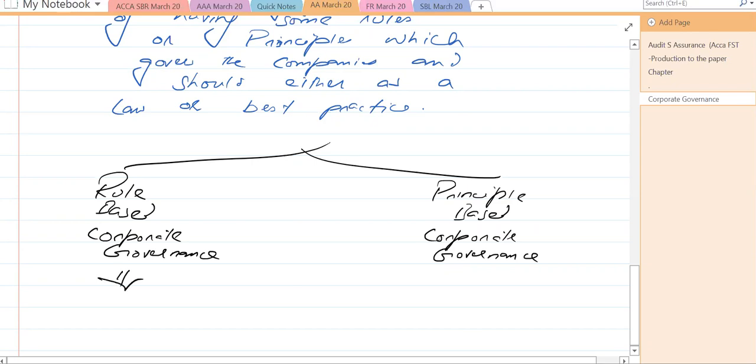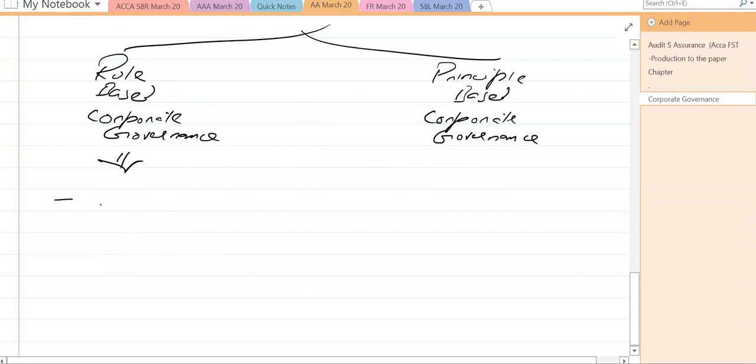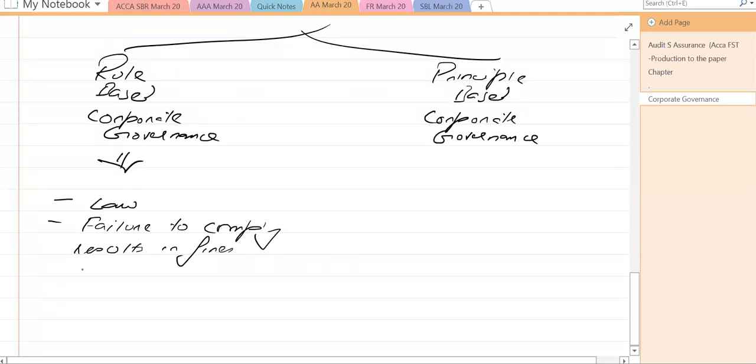The rule-based approach is a law, and failure to comply results in fines and penalties and sometimes revocation of the company license, such as the US Sarbanes-Oxley Act.